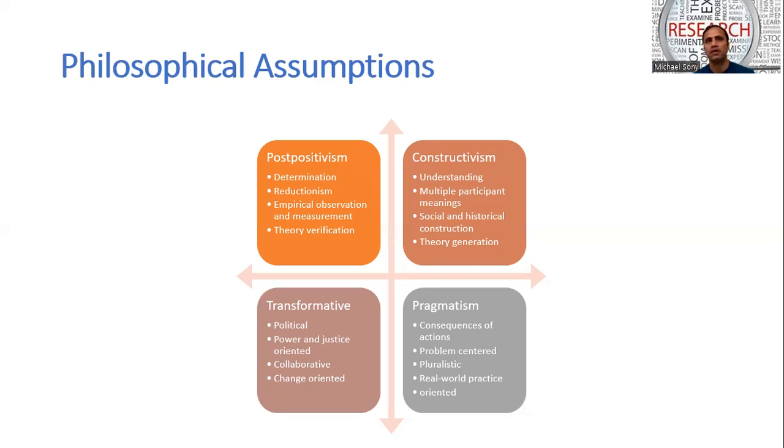So as a researcher, when you have a research problem, the first thing to ask ourselves is: is this research problem post-positivist oriented or constructivist oriented? If it is positivist oriented, then I will use a quantitative study. If it is constructivist or interpretivist oriented, then I would use a qualitative study.